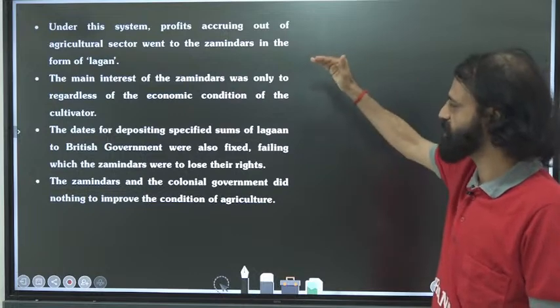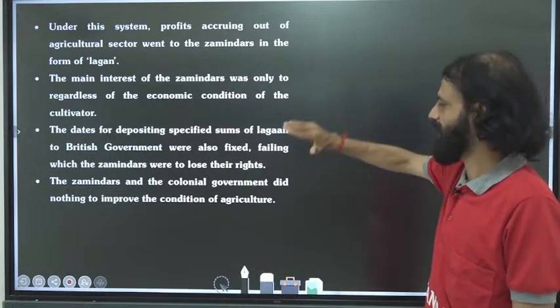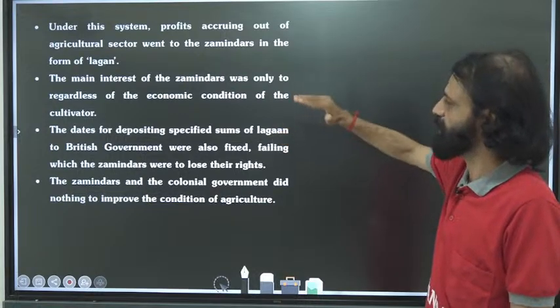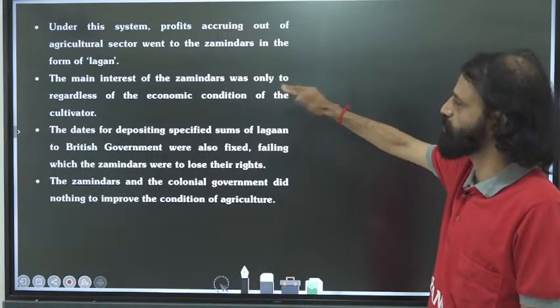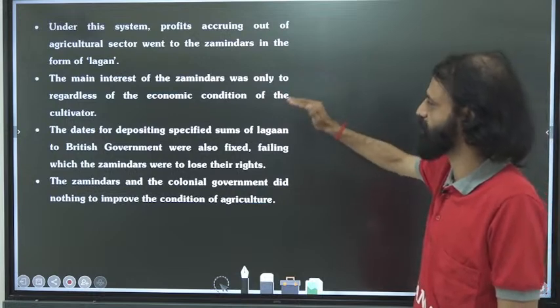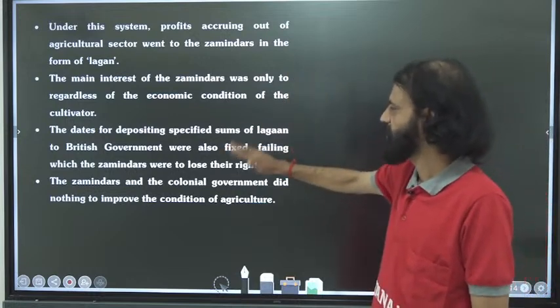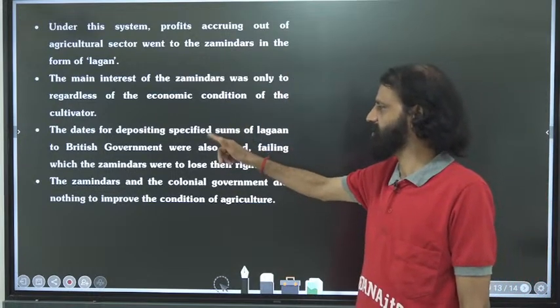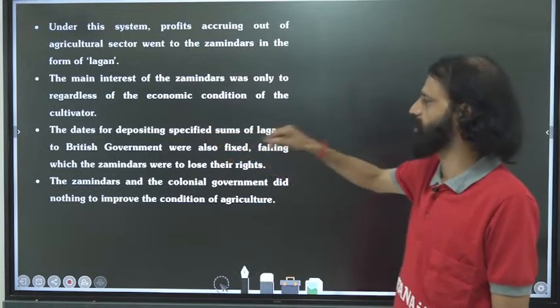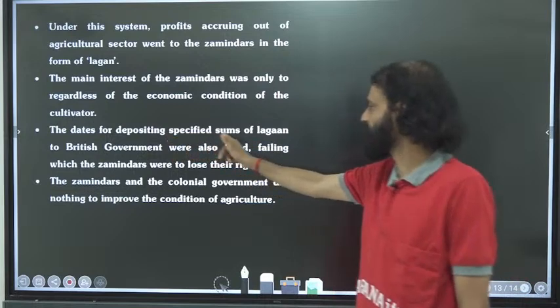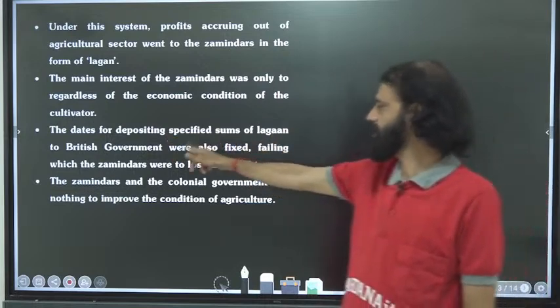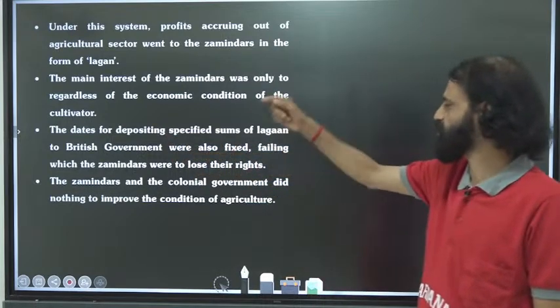After the zamindari system, they introduced taxes and put more tax on agriculture and on the farmers. Then for submitting the taxes, they also put a particular date. The dates for depositing specified sums of lagan to the British government were fixed.